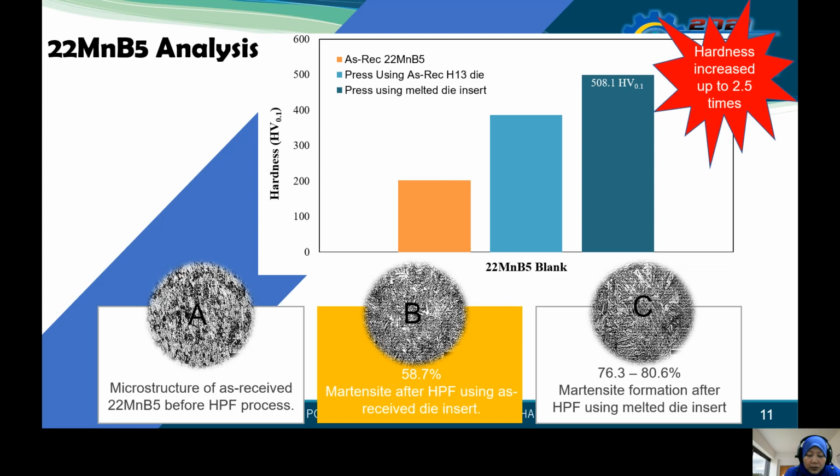While when the boron steel was pressed using the melt die insert, the boron steel hardness increased up to 508.1 Hardness Vickers. At this hardness, the martensite percentage is higher at 76.3 to 80.6%. The effect of surface morphology reduces the effect of metal to metal contact and increases the surface hardness of boron steel after the HPF process.